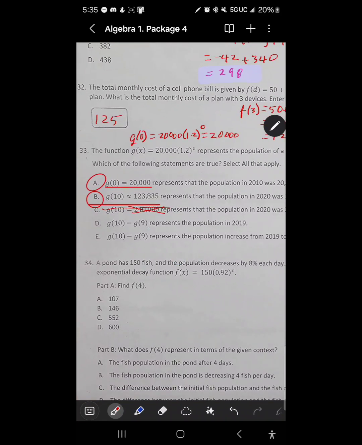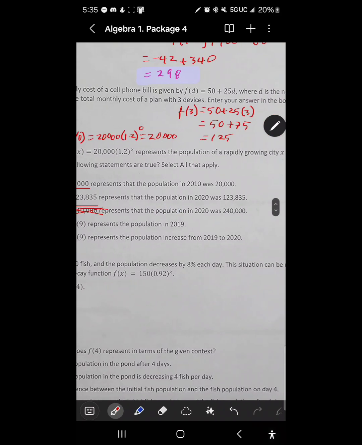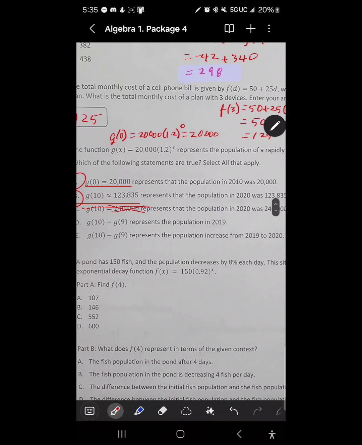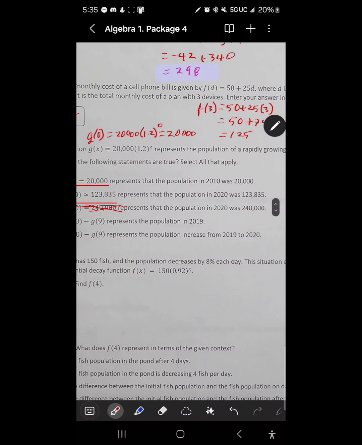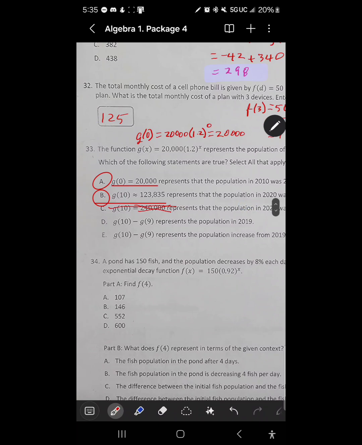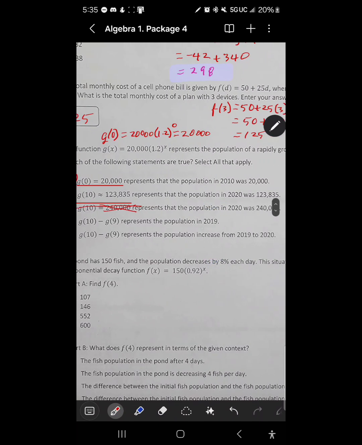Now, g(10) minus g(9) represents the population in 2019. Right now, I can say this is false because we have already established that the population in 2020 is g(10). So the population in 2019 will be g(9).